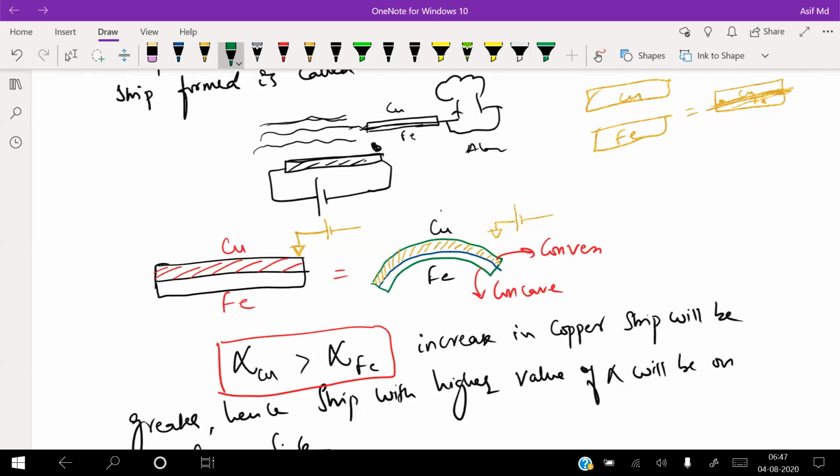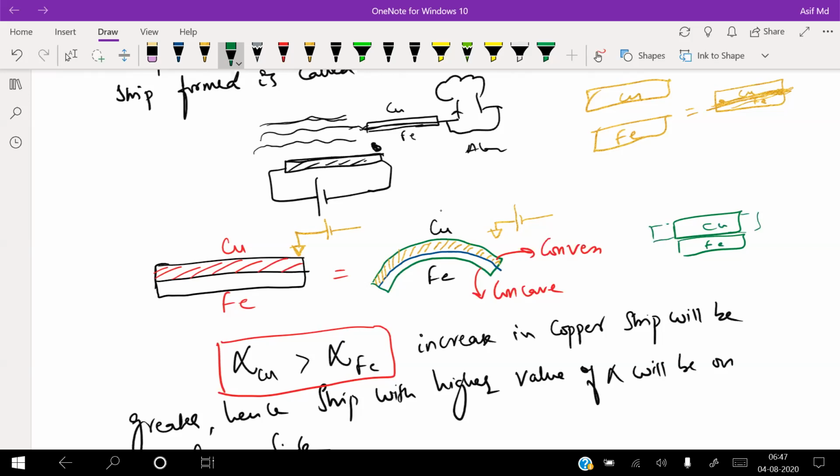The other one is not able to expand, and only the above one is expanding. If they were not attached, and you heat them, then both of them would expand straight together.